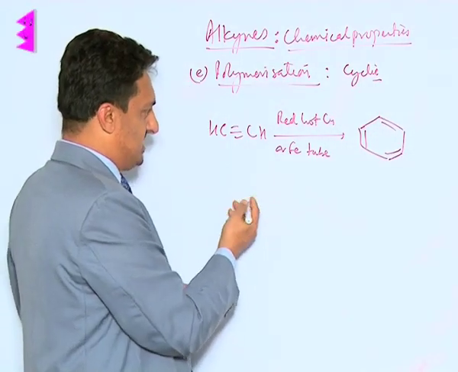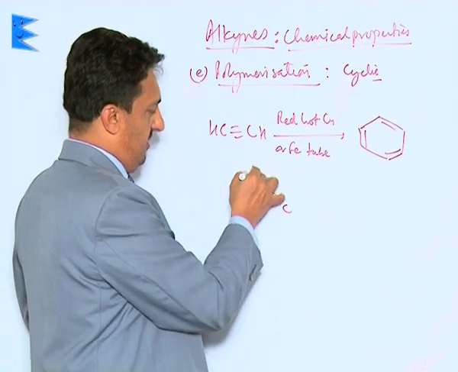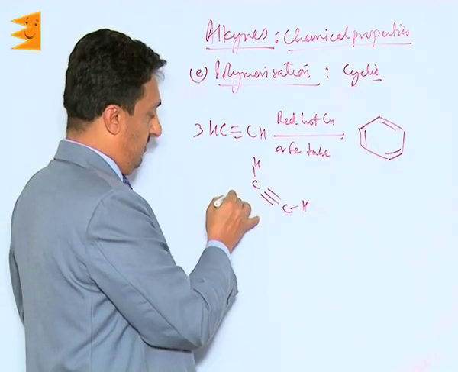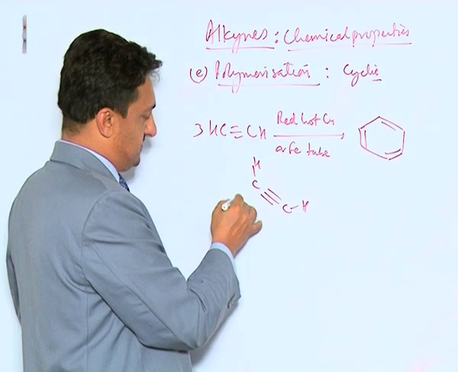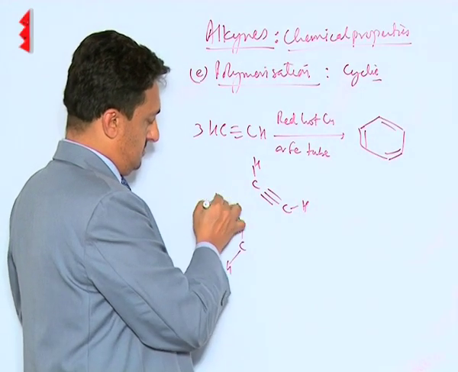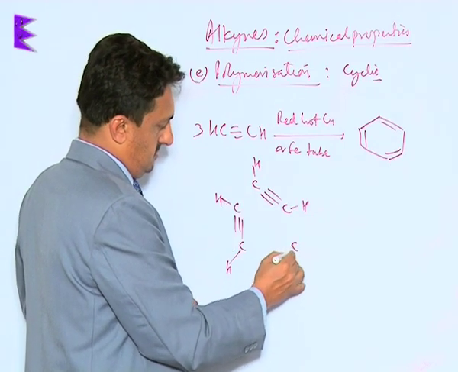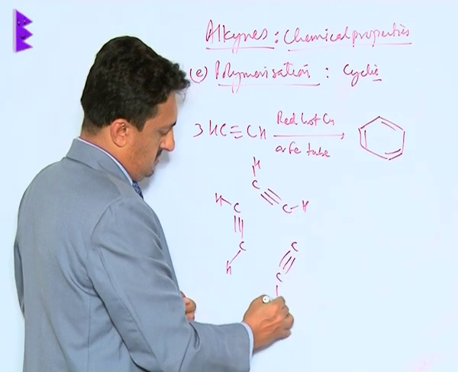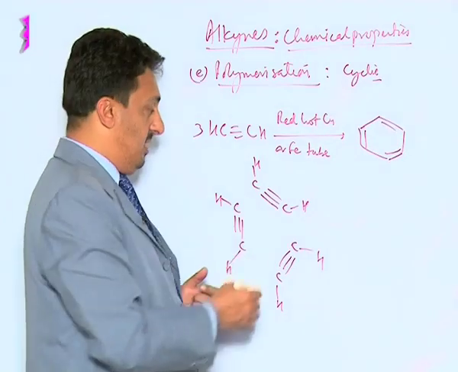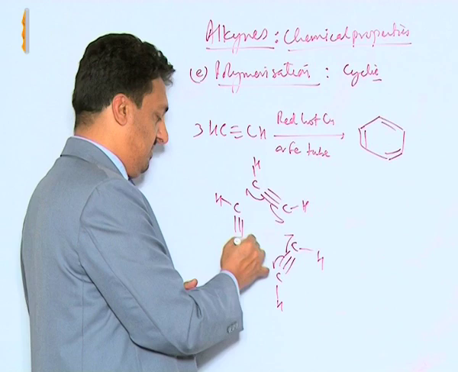What we find in this case is that these are the 3 units of acetylene, so basically 3 molecules get involved. Now in these 3 acetylene molecules, homolytic fission of one of the pi bonds takes place like this due to extensive heat.